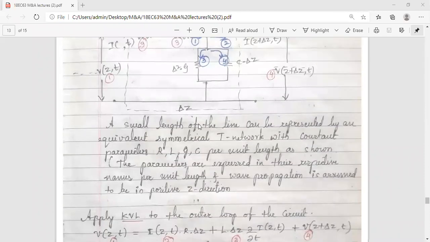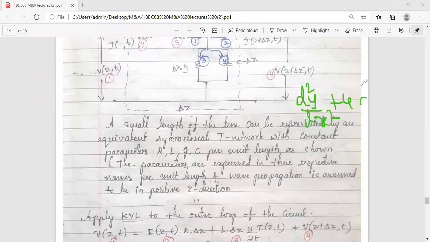So let us apply KVL to this particular circuit and let us try to find the solution. Before going for the solution, let me just recall the differential equations. You already know how to solve a differential equation. For example, this is one example I'm writing here, whose order is 2, a second order equation.